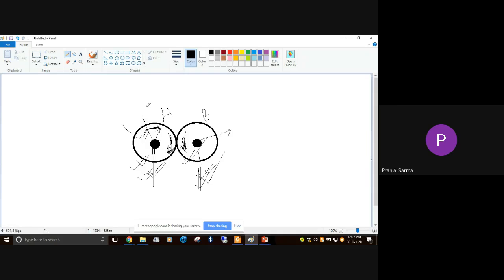And later on, it may so happen that they observed irregularities in the surface.